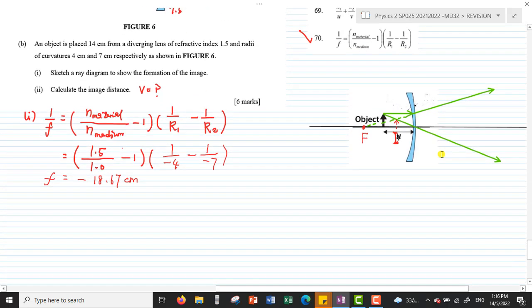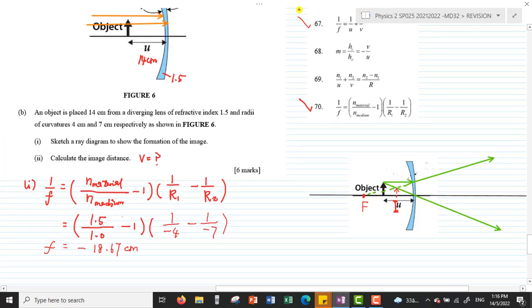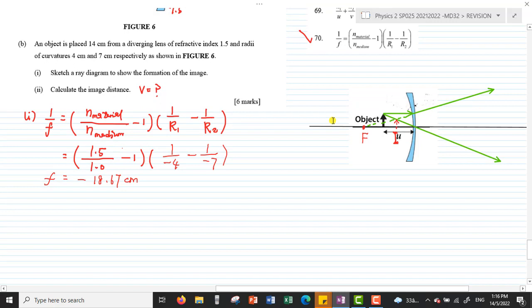Then question 2, we need to calculate the image distance. How far is the image formed from the lens? I'm going to use equation 67. So I have 1 over f equals 1 over u plus 1 over v, so 1 over v will be 1 over f minus 1 over u.